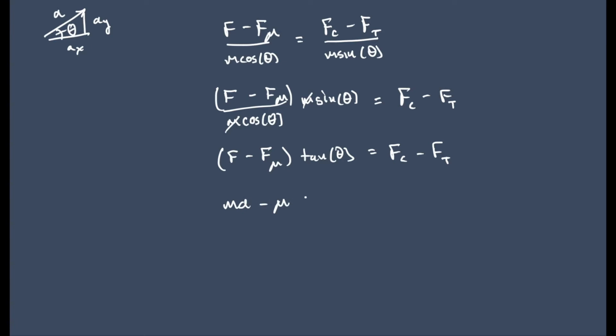And mu mg, because mg is the normal force, and then we have the coefficient of friction times the tangent of theta equals Fc minus Ft. We know what Fc is. Fc is the mass times the velocity squared over r minus Ft.